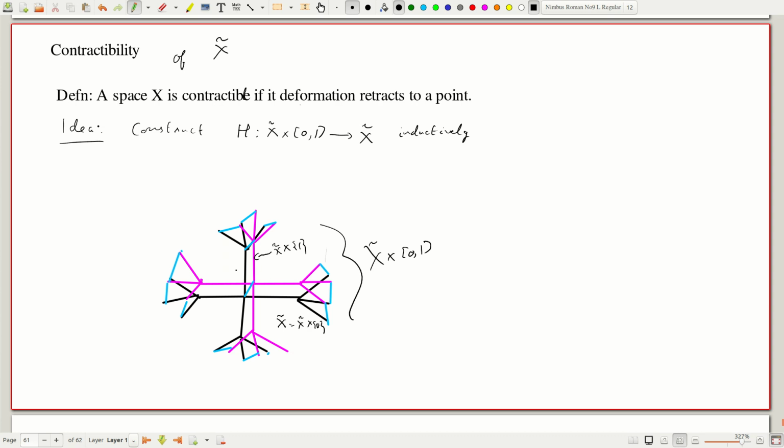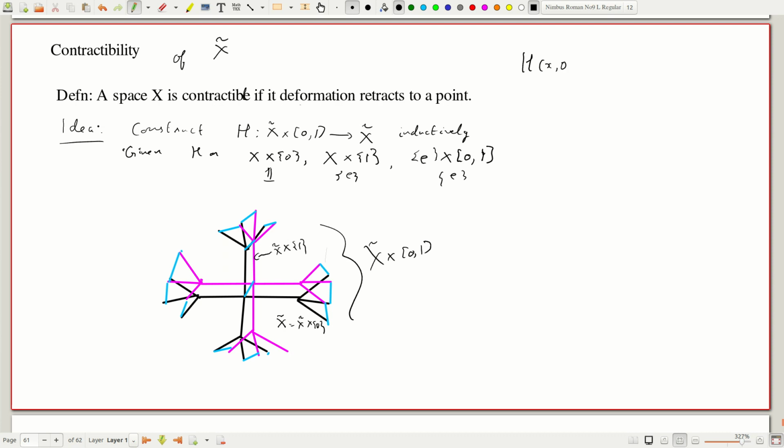And I want to define a map, and I already have the map defined on part of the space. We are given H on x tilde cross 0 and x tilde cross 1. Here it has to be the identity, here it has to be the constant map E, and also on E cross [0,1] it has to be the constant map E. Let's write that out.